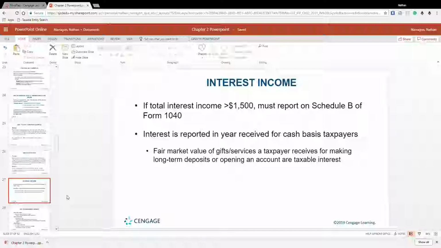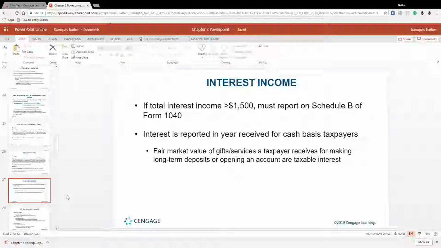So interest is reported in the year received for cash basis taxpayers. Fair market value of gifts and services that taxpayers receive for making long-term deposits or opening an account are considered taxable interest.